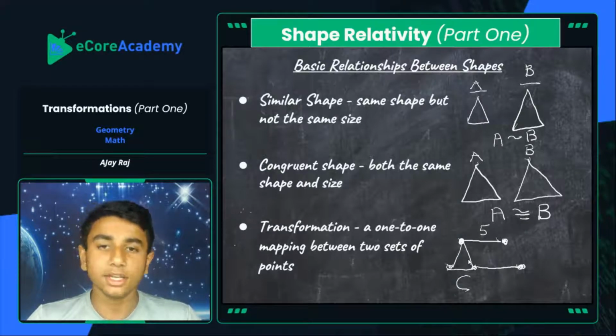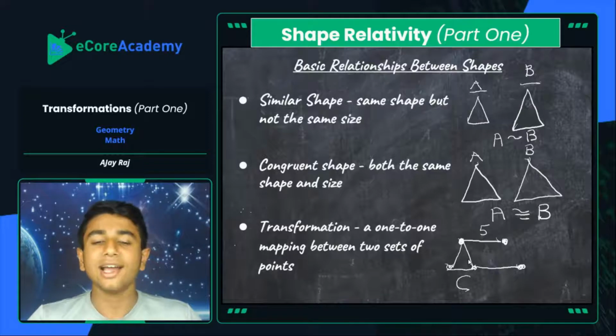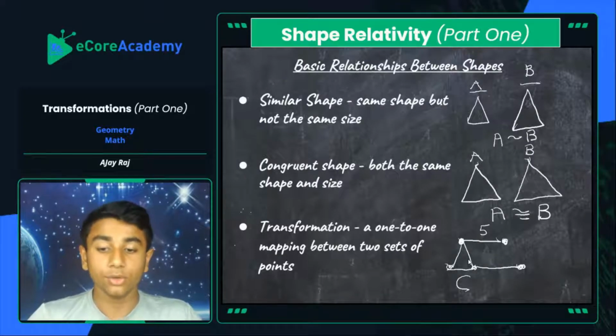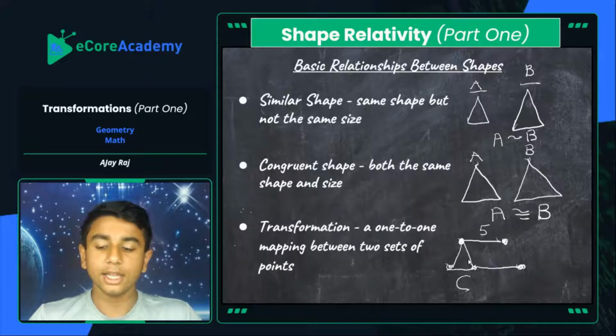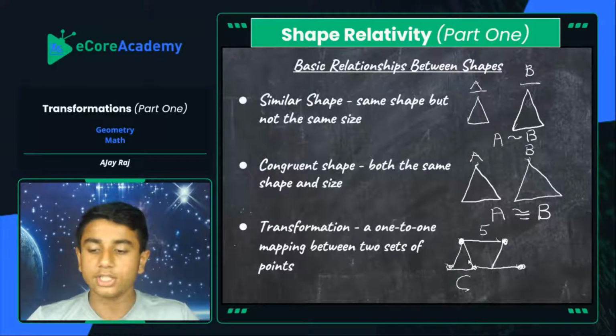What that does is it maintains similarity, though not necessarily congruency. I'll explain that later on, but all you're doing is moving a shape, and each of its vertices is moved the same distance as the others. In essence, that maintains the same shape of a triangle and makes two similar triangles.